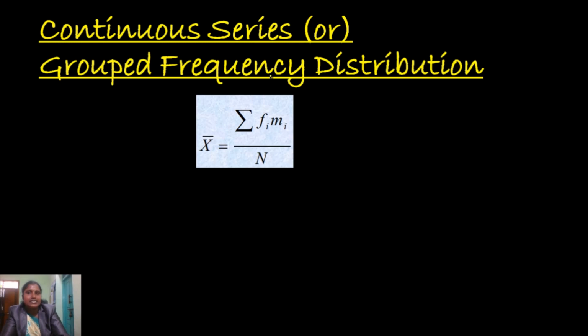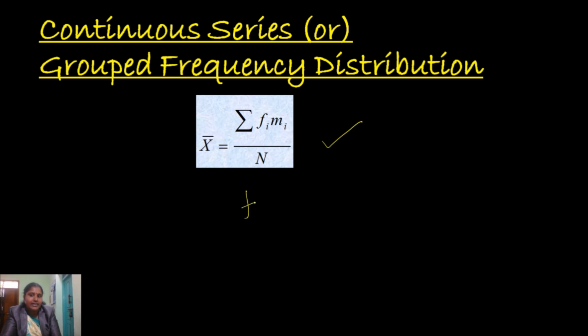Let's now discuss how to calculate the arithmetic mean for a continuous series or grouped frequency distribution. The formula used when the data are given as a continuous series is x bar is equal to sigma fi mi over n.